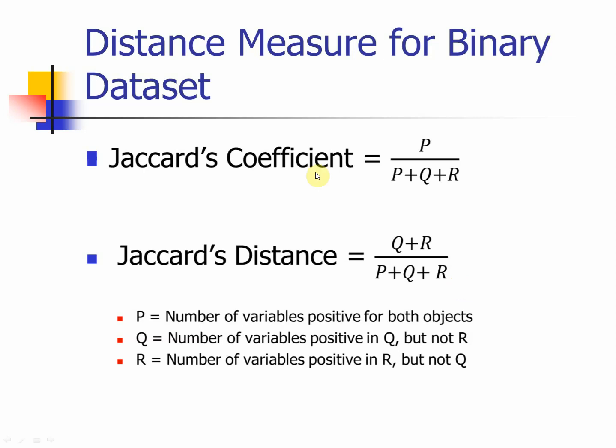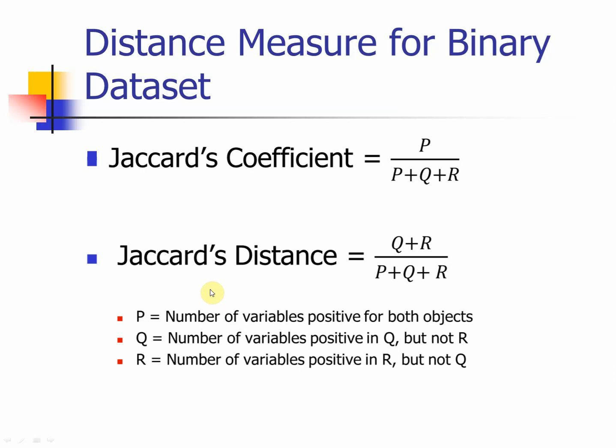In this slide, I want to focus on Jaccard's coefficient, and basically, you will just understand Jaccard's distance is something alternative, but it's actually the same thing. And you also need to understand Jaccard's coefficient. When it equals 1, that means it's the maximum similarity. So that's Jaccard's coefficient's maximum value.